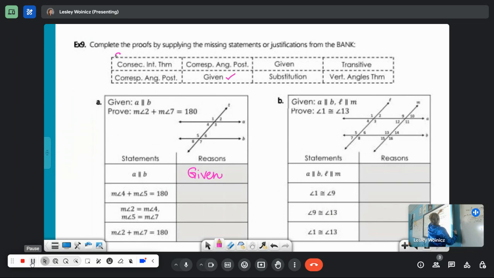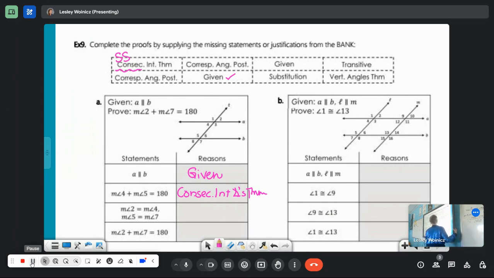So this is same side, the consecutive interior angles theorem. All right, how do we know that the measure of angle 2 is equal to the measure of angle 4?